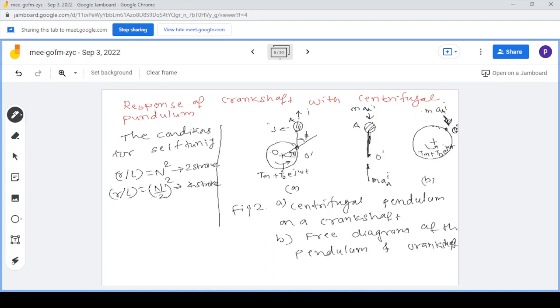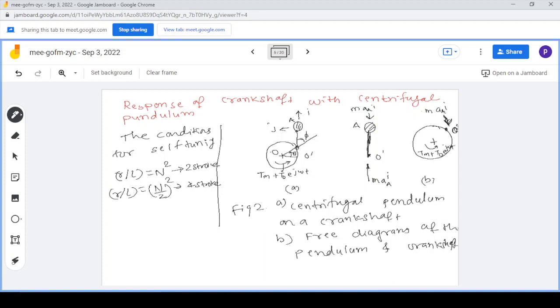So these are the conditions for self-tuning, right? Now these conditions can also be obtained by considering the motions of the crankshaft and the attached pendulum. So now consider the figure.